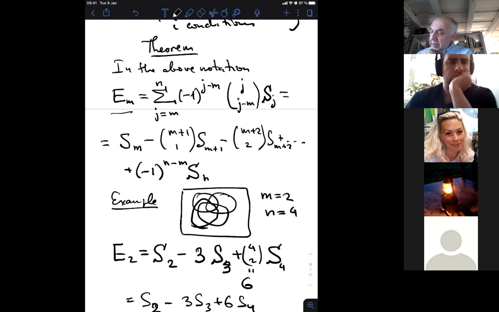So for example, if there is an element which satisfies exactly m plus 1 properties, then it contributes 0 to the left-hand side, and it contributes m plus 1 times to this term, and then we should subtract m plus 1. So it contributes 0 to the right-hand side.